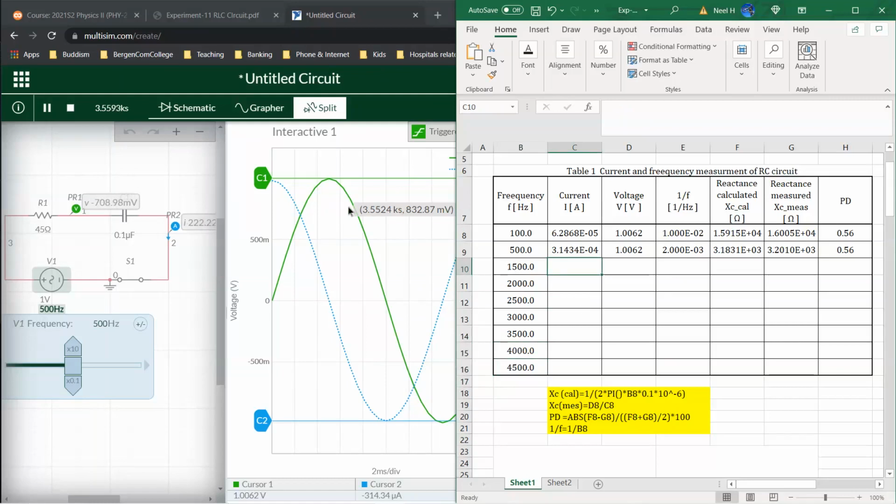Because if you remember the RC charging discharging circuit, which we did earlier with experiment number 9. The capacitor charging and discharging depends on the amount of voltage you apply. So the capacitor is always going to charge to the maximum voltage you applied to the circuit. So that number doesn't change, right?